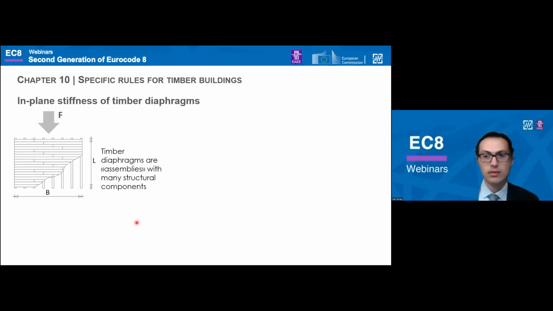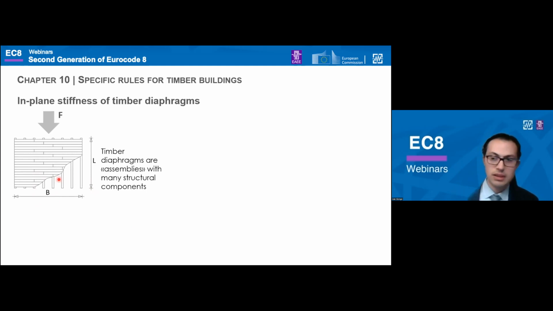And when we look at timber diaphragms, we see structural assemblies that are composed of many components. And if we refer to the least complex configuration, such as the single straight sheathing that we have here, it comprises floorboards, joists, nails, and sometimes blocking elements between the joists.